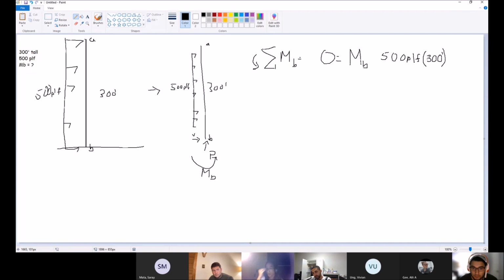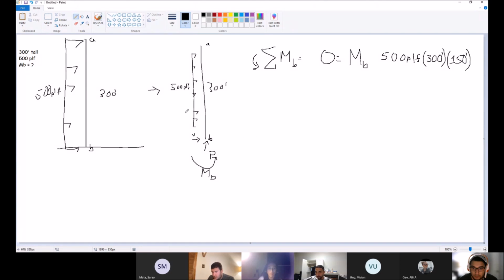Now we have the units in pounds, which is a force. But we're looking for moments, so we need another distance. So now we're going to take the average force and consolidate it to one point, which happens to be right in the middle of the linear load. And how far away is that from B? 150 feet.